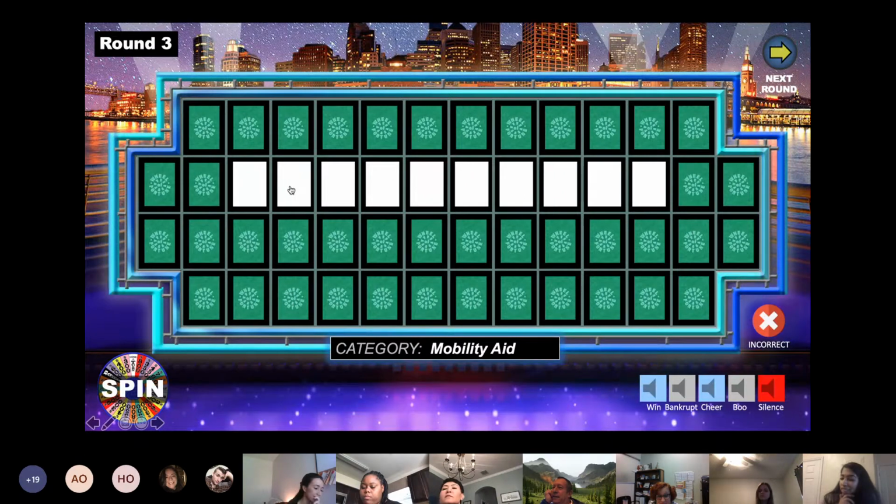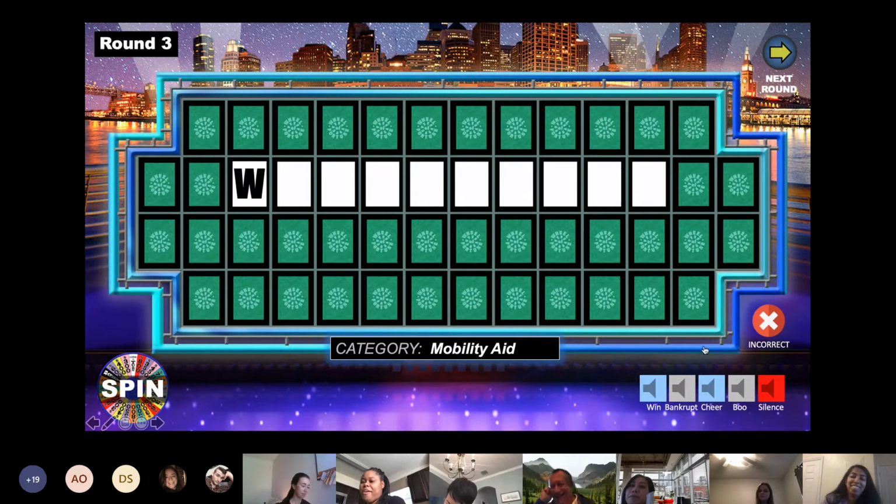So guess a letter. W. Mm-hmm. Wheelchair. Yep, good job. So wheelchair, canes, and walkers were a few of the examples of mobility aids that were discussed in this chapter.